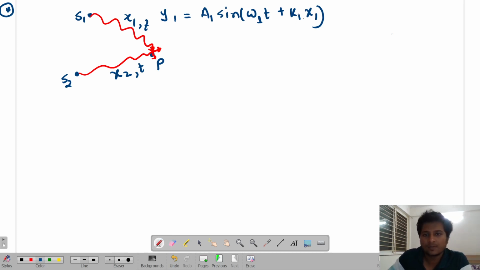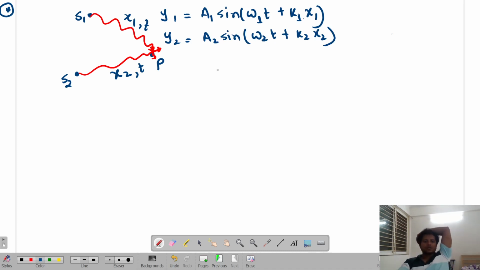And y2 will be A2 sin(omega2 t plus k2 x2). This will be the relation, and then they will merge together. So y net will be written as y1 plus y2 and so on, right?